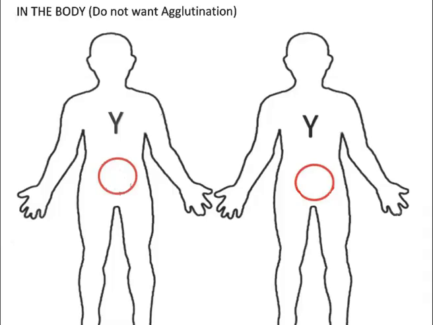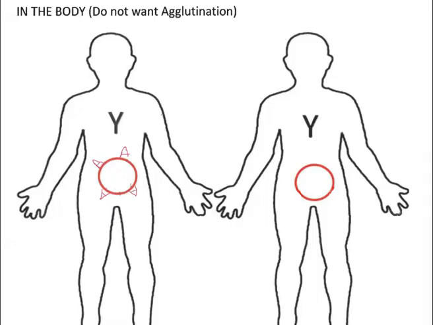If this person was a type A person, what type of antigens would be stuck to the red blood cells? They would have A antigens stuck to their red blood cells.